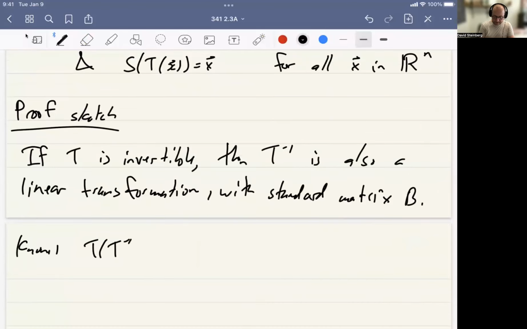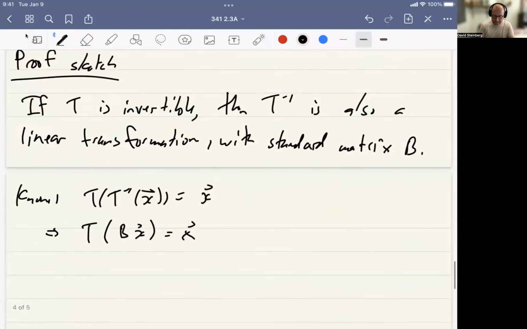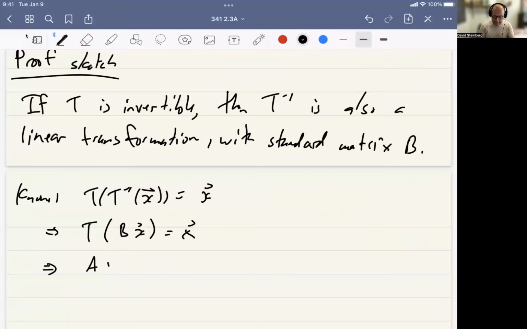And so we know T of T inverse of x is equal to x. But we know what this left-hand side looks like. Applying T inverse is just applying the matrix B, and applying T is just applying the matrix A. But this is true for all x in Rn.